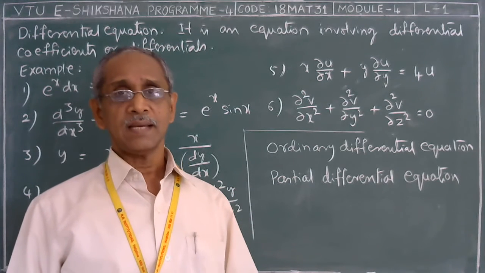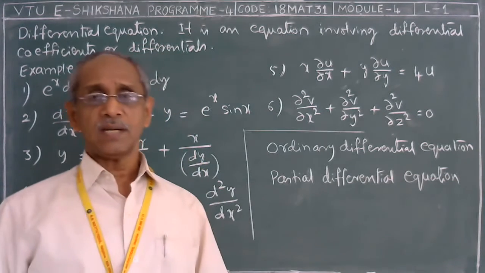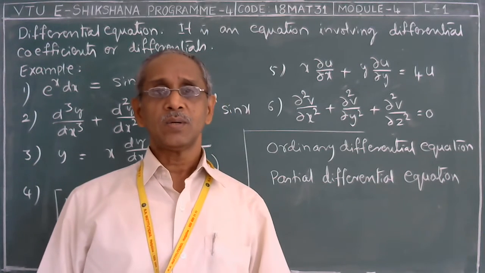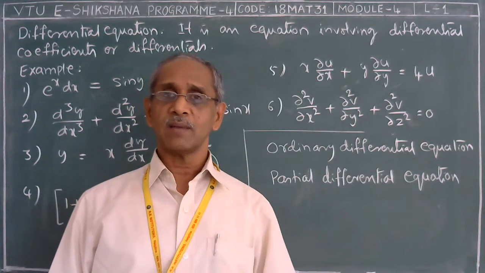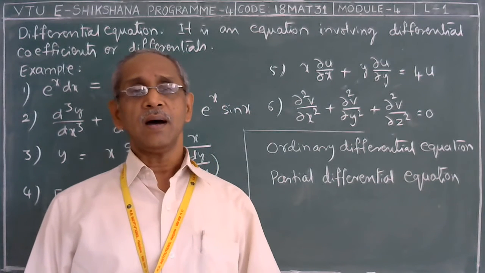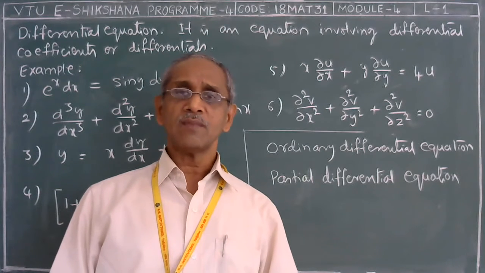to a single independent variable, whereas a partial differential equation is a differential equation involving two or more independent variables and all partial derivatives are with respect to one of them.